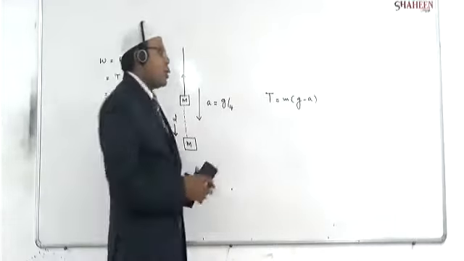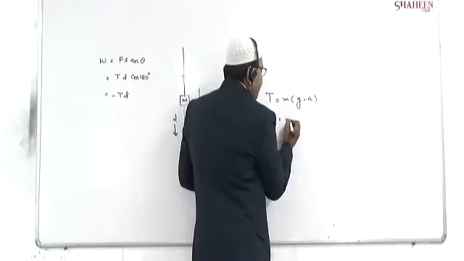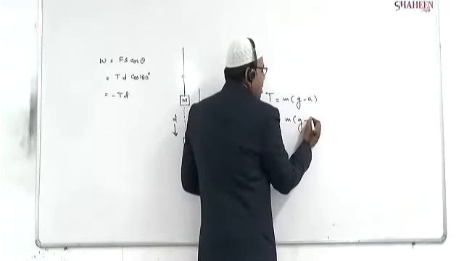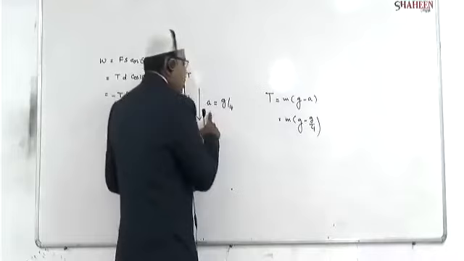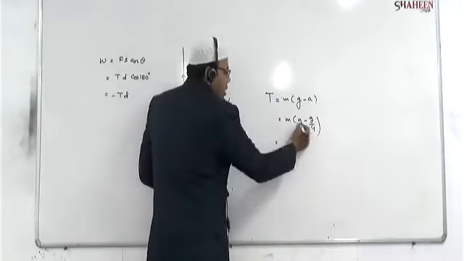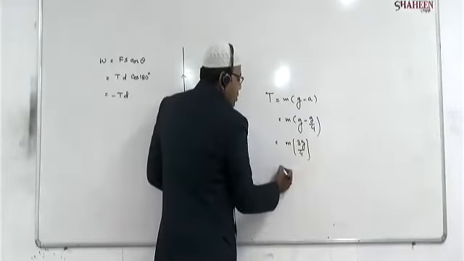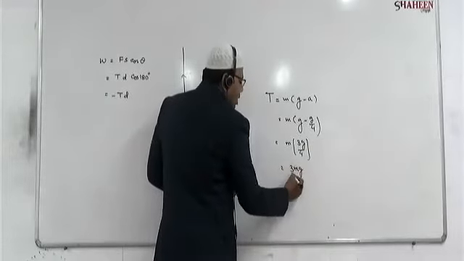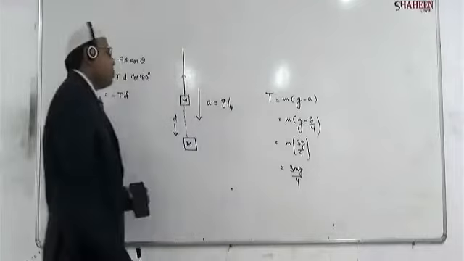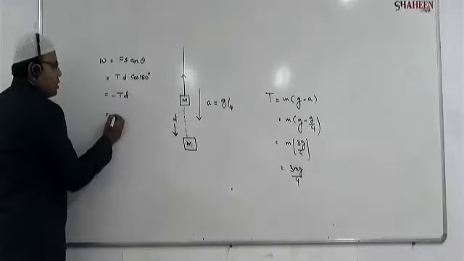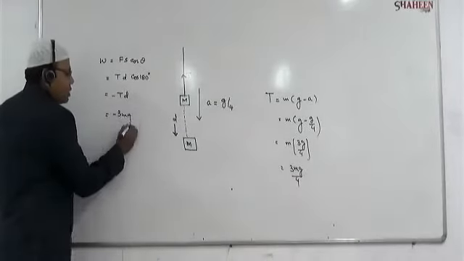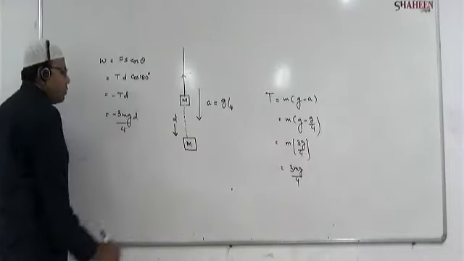So therefore the tension in the string is m into (g minus a), what is a? g by 4. As per the question, a is g by 4. So this is m into 3g by 4, which is equal to 3mg by 4. So we take that only here. So minus 3mg by 4 into d. This is your answer.